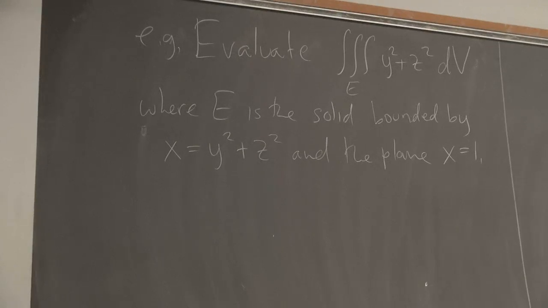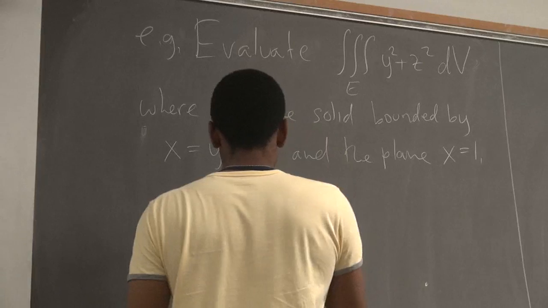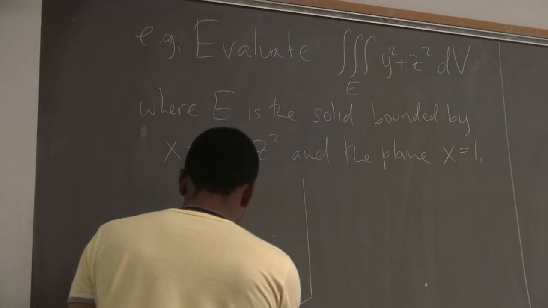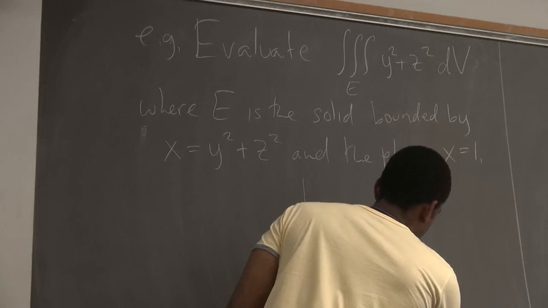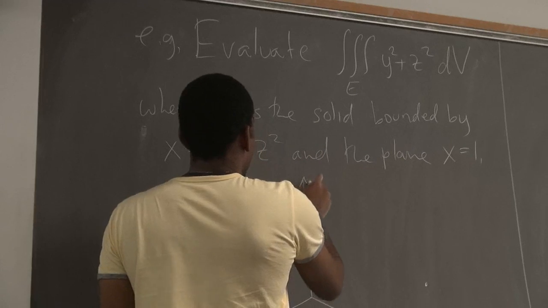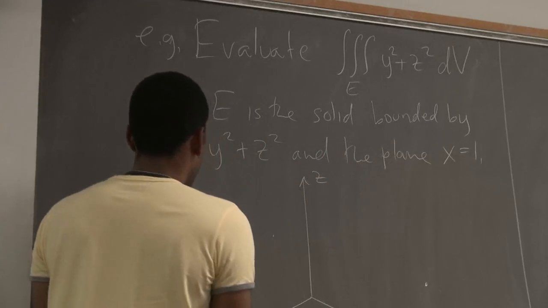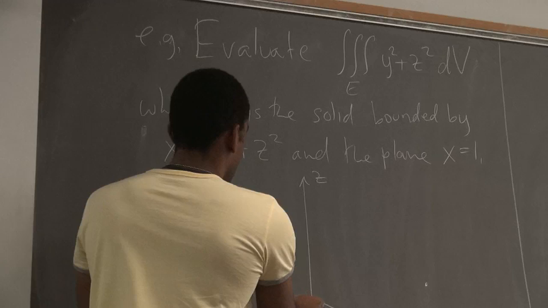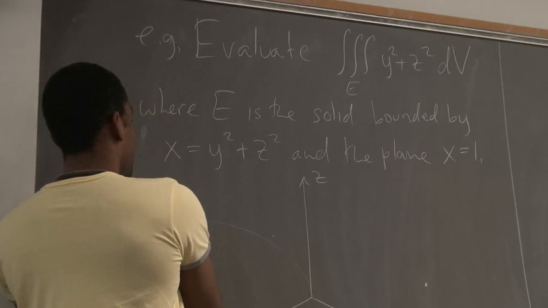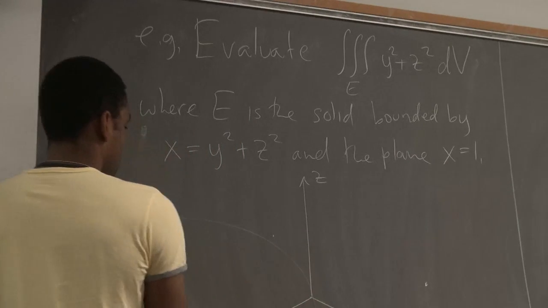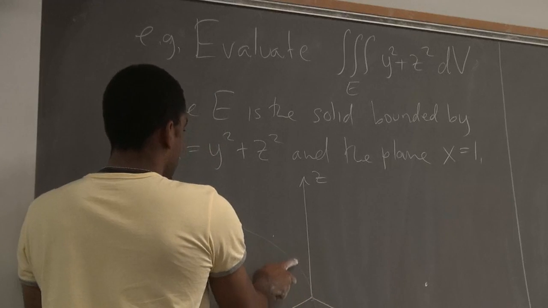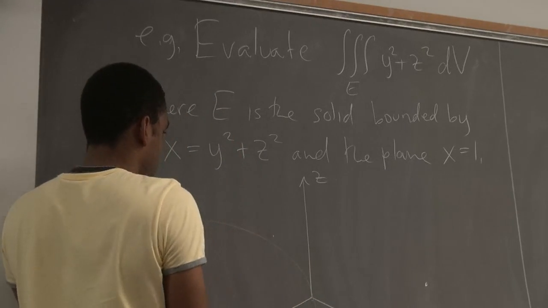Okay, how are we doing setting this up? Well, x equals 1 is a plane. Can you actually draw the region? And the other's a paraboloid that opens out on the x-axis. So there's a paraboloid opening this way, and then there's a plane cutting at x equals 1.